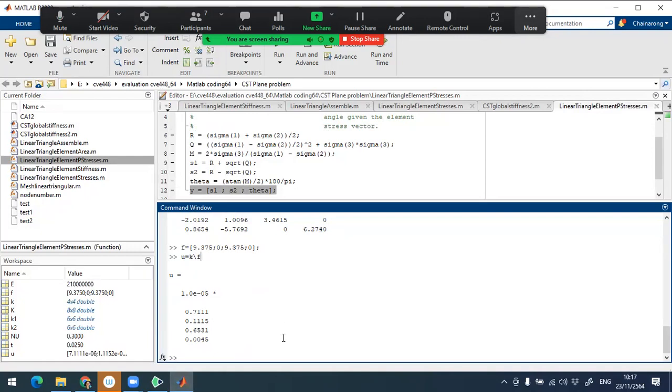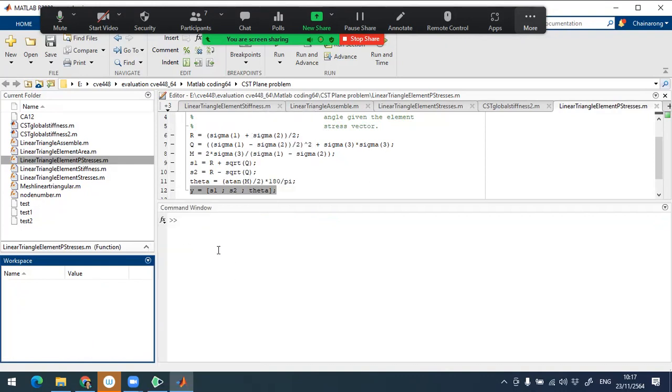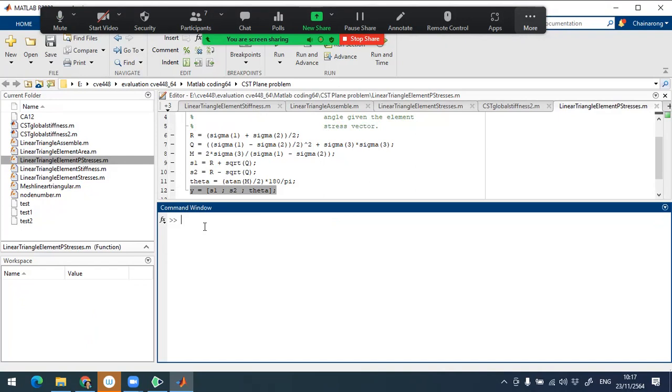So then I will clear the workspace first. You do it again and compare with the solution. We use the CST global stiffness.